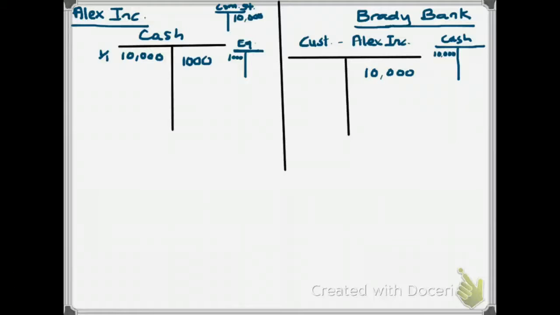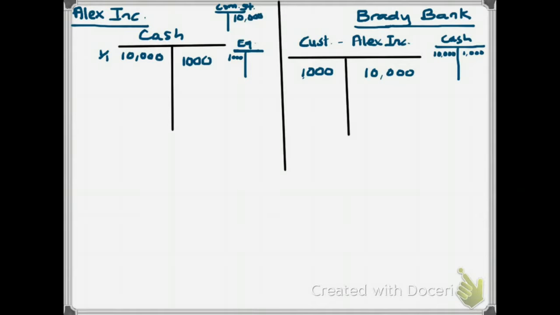Now, when that check hits Brady Bank, they will say, oh, Alex Inc. has paid $1,000. We don't owe them that $1,000. We will pay to the person they bought the equipment from. So what they're going to do, Brady Bank will debit $1,000 to the customer account.